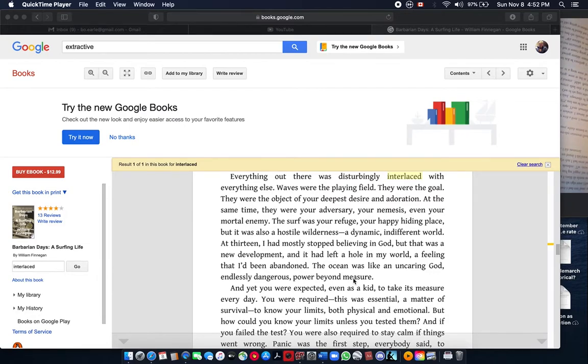So Finnegan thematizes his loss of religion. He was scandalized when, after confirmation, his parents tell him that he doesn't need to go to church anymore if he doesn't want to, and how surfing kind of takes the place of church and becomes a new source of what had been his religious feeling.